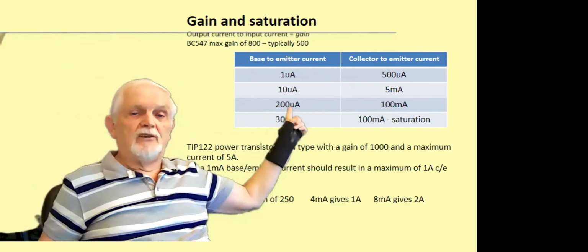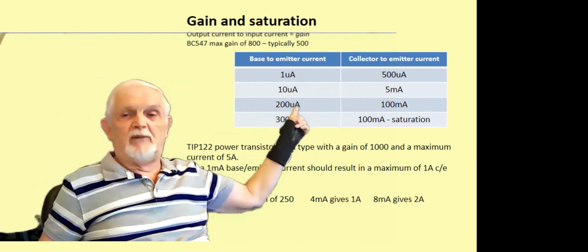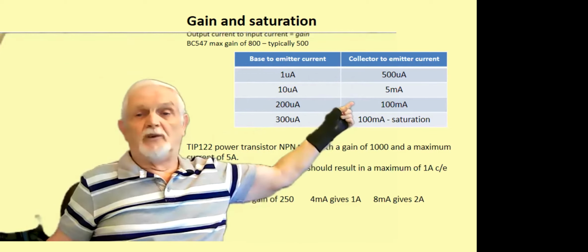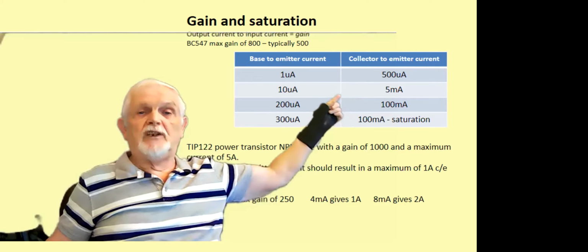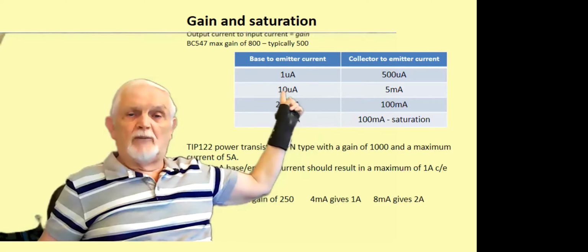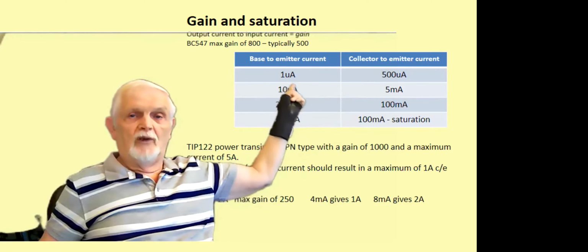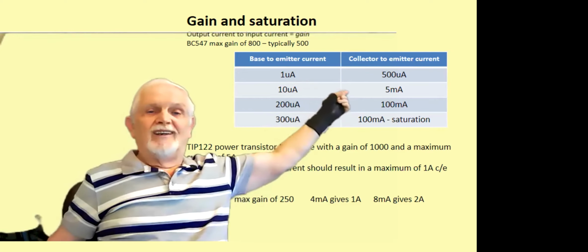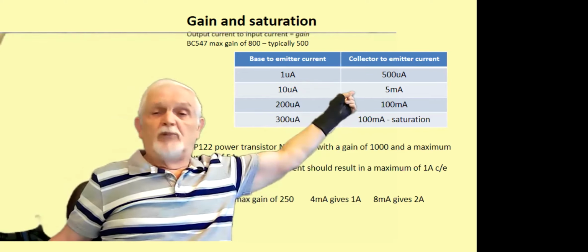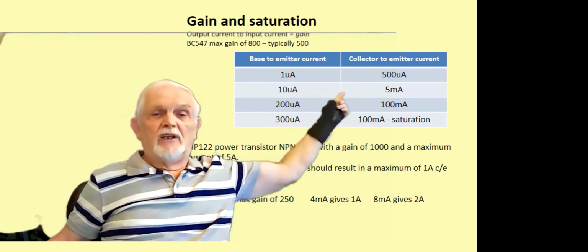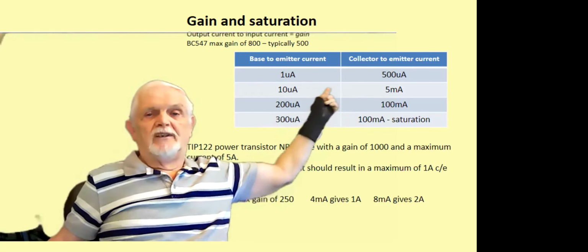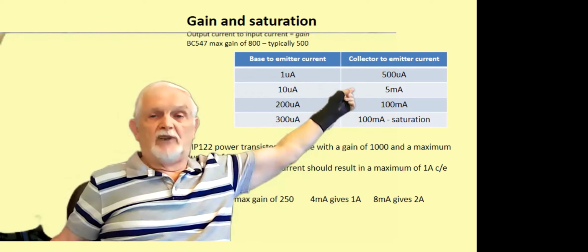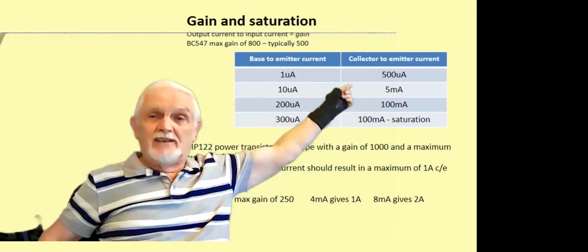If you put in 200 microamps between the base and emitter, you get 100 milliamps out. So you only need a very small amount of current to flow, that would happily drive an LED, for example. So a tiny input current can drive an LED quite happily through a transistor. And that's called the gain.